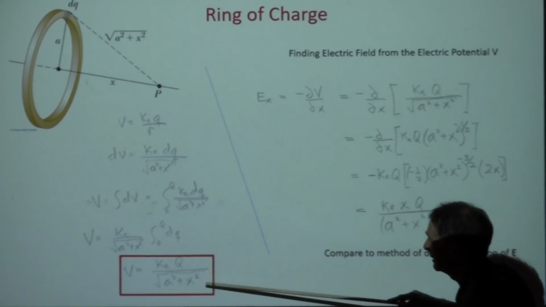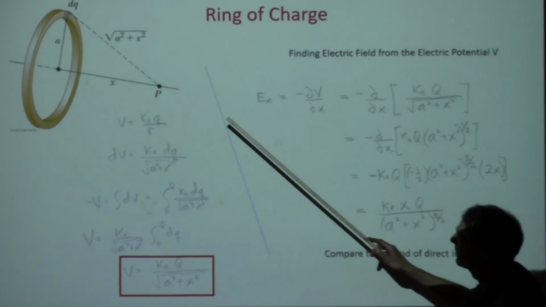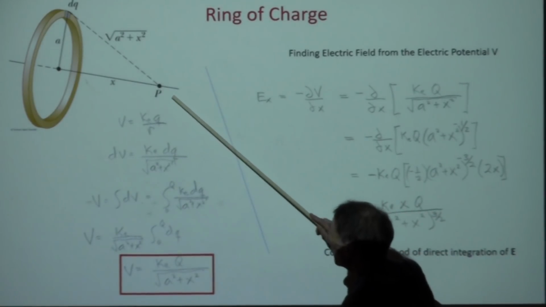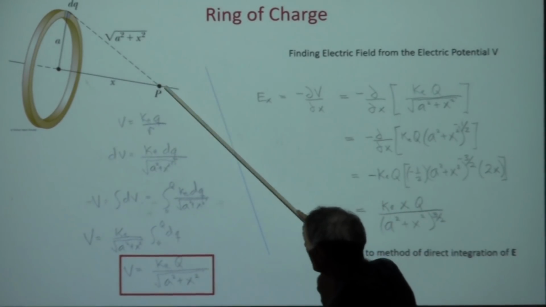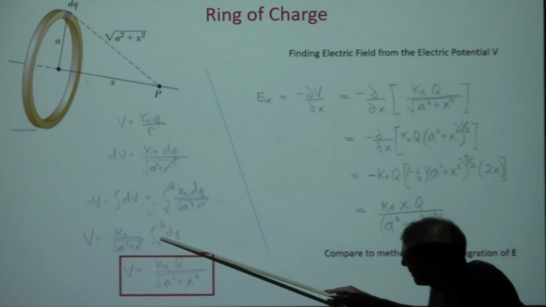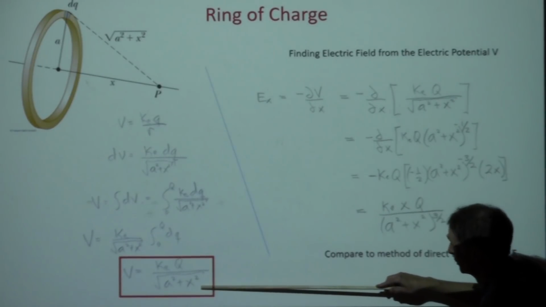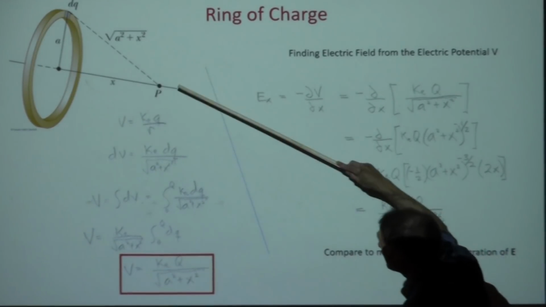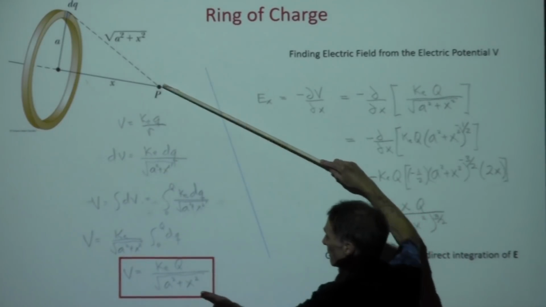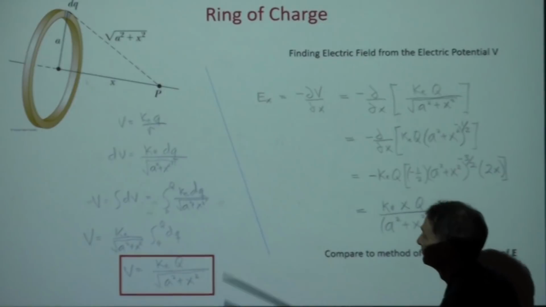So we can get that electric potential. Now this was a lot simpler than what we did with vectors, where we had to deal with the x component, the y component, and we had to integrate around it. It wasn't too bad, but this would be the potential at this point for this ring, some distance x from the center.